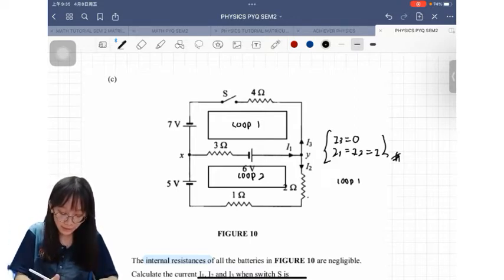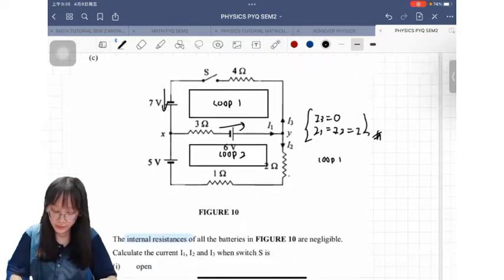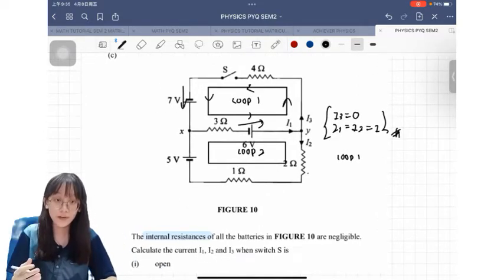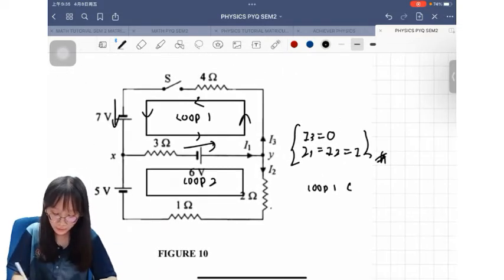So the 7 volt is downward, then the 6 volt is to the right. Then we can use anti-clockwise, because this is easier to solve. So loop 1 is anti-clockwise.